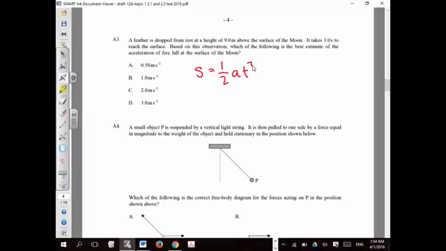But because the initial speed, if it's dropped from rest, is 0, it becomes S equals half at squared. So a is going to be equal to 2s over t squared, which is 18 over 3 squared, which is 2 meters per second squared, which is C.